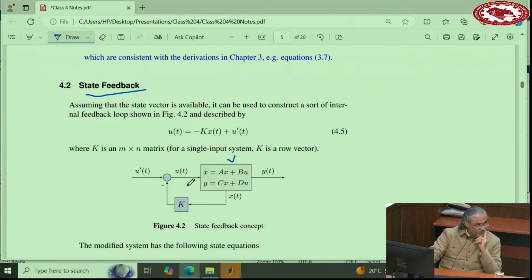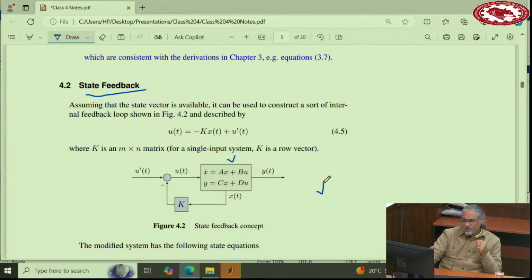Now if you look at this structure, and go back and compare it with the virtual resistor that we discussed yesterday, or the day before yesterday, this is the generalization of the virtual resistance. So in virtual resistance, we took output current, we multiplied by k, and brought it here. Here it says, don't take output, take the state. This is more general.